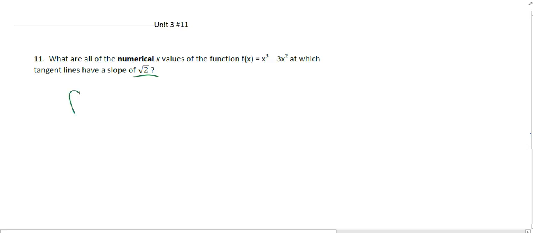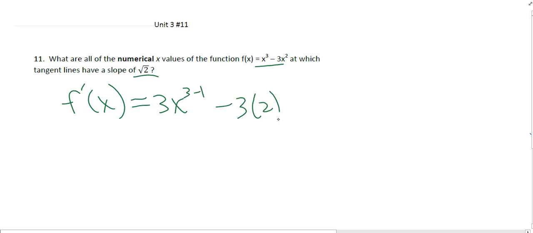We're going to take the derivative of the function, and of course, using the power rule, that would be 3 times x to the 3 minus 1 power minus 3 times 2 x to the second power minus 1. And of course we get 3x squared minus 6x to the first power.